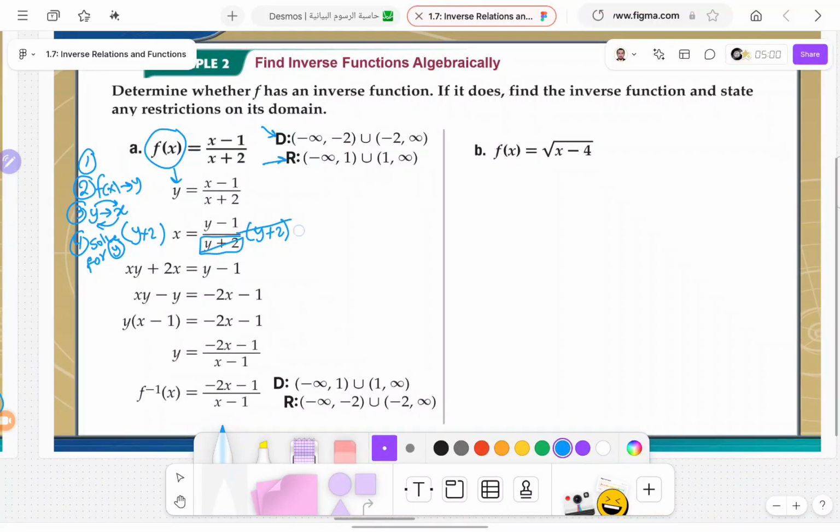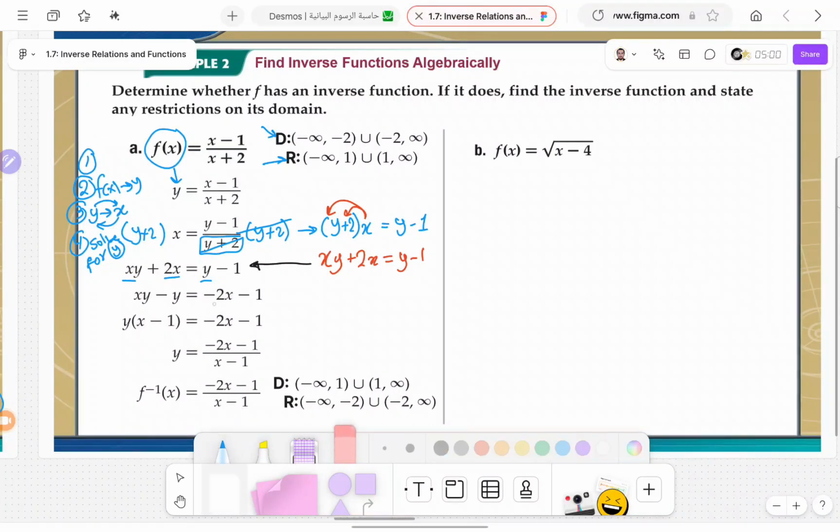So now it becomes y plus 2 times x equals y minus 1. Then after that, you can apply the distributive property: x times y is xy, x times 2 is 2x, so xy plus 2x equals y minus 1. And this is what you can see in this step here.